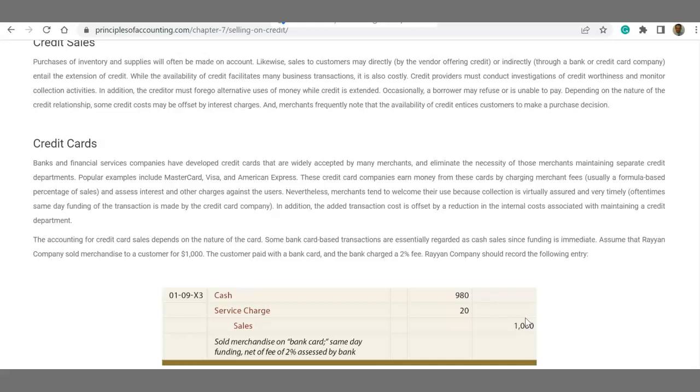But still the company is very happy because they don't have any headache collecting cash, and the credit card company is responsible for collecting from that client in future. For now, the business is very happy because they got immediate cash on the spot.